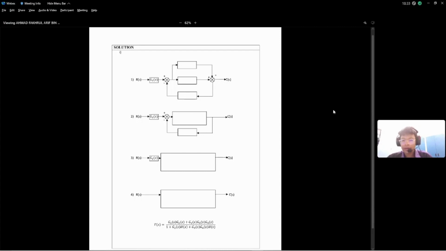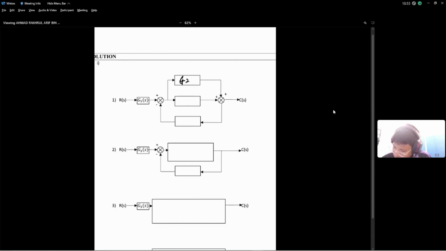So first thing, from the block diagram, we have G2(s), G2(s), and if a block is in series condition, we just need to multiply it.